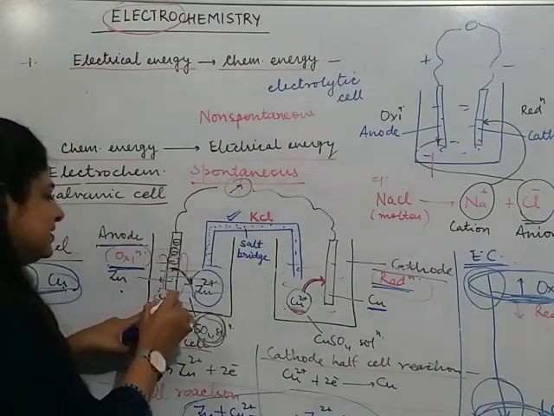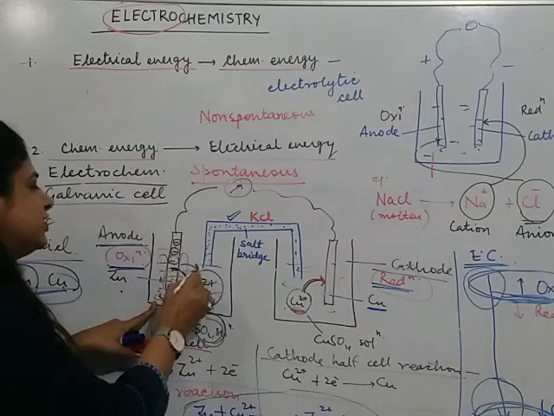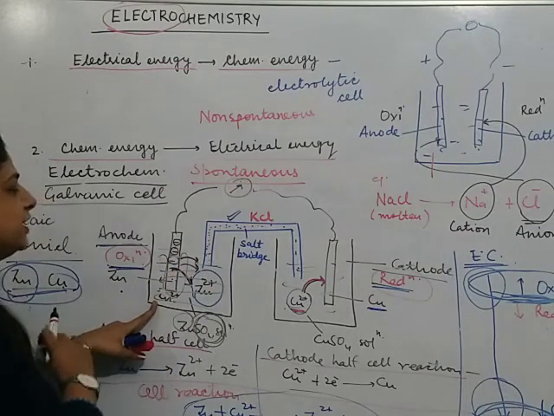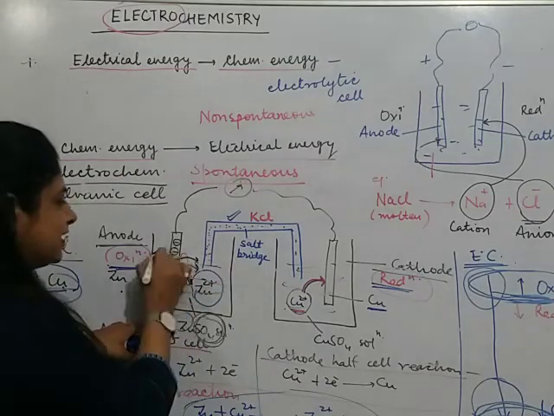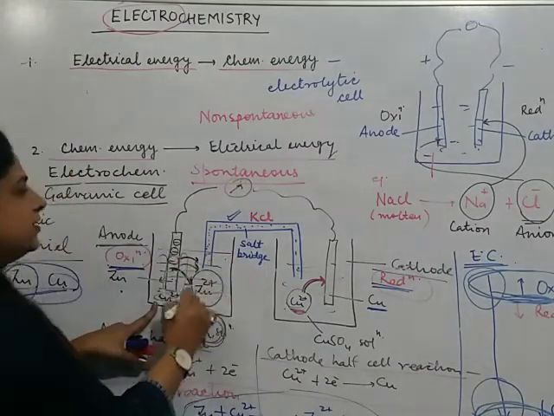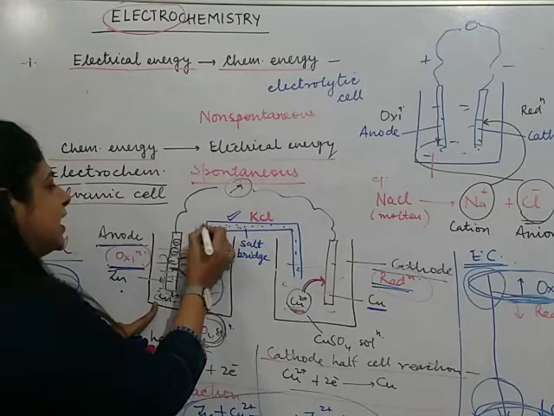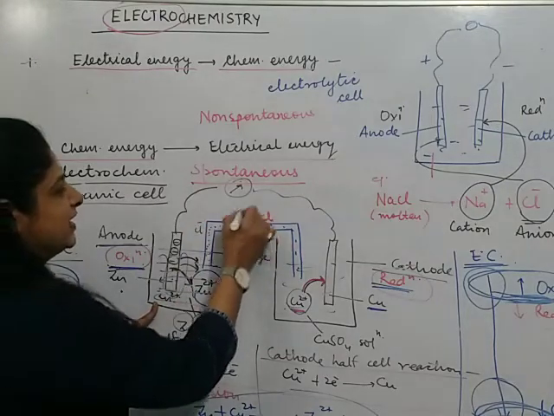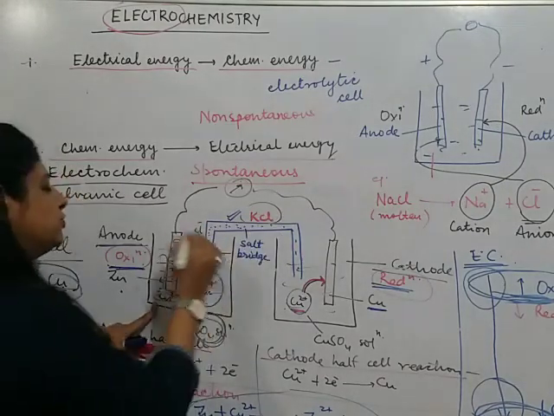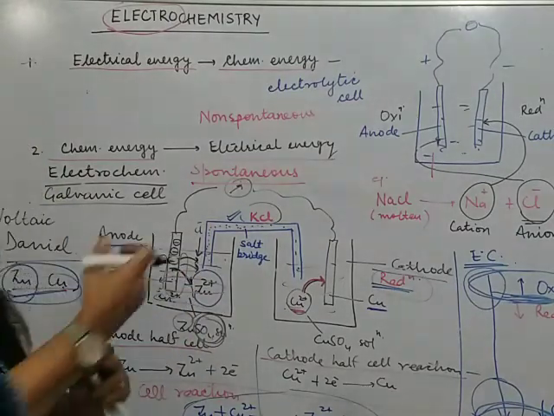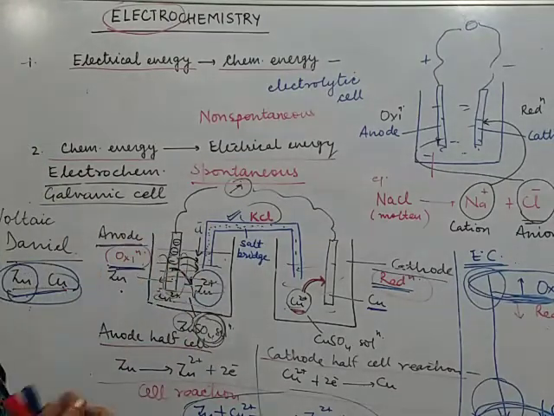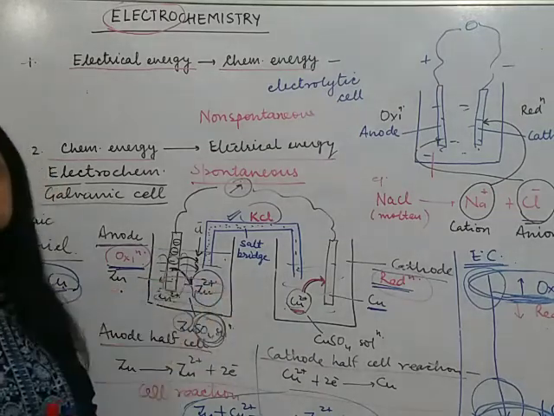To maintain this neutrality, or to remove the excess zinc ions, when the excess of positive ions accumulates in the solution, the chloride ions from this electrolyte start moving into the solution to neutralize these extra zinc ions that have come into the half cell solution.